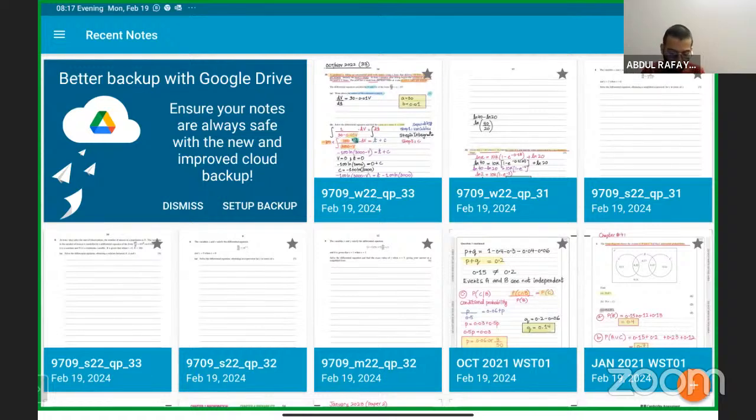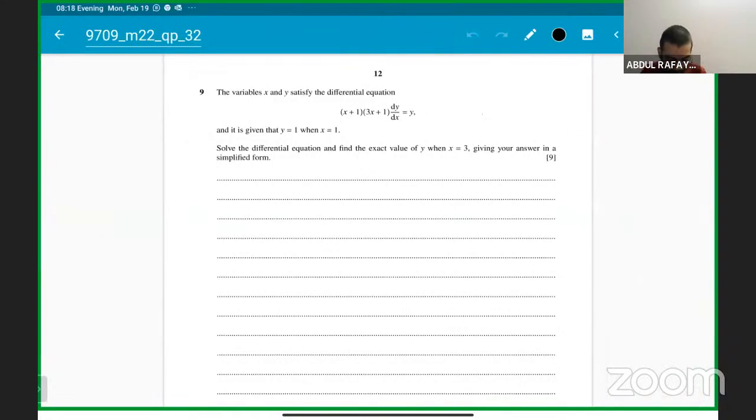Okay, let's do the February, March one paper. That will be good. So we have question number 9 from this. Let's do this one. Is everyone getting it with me?